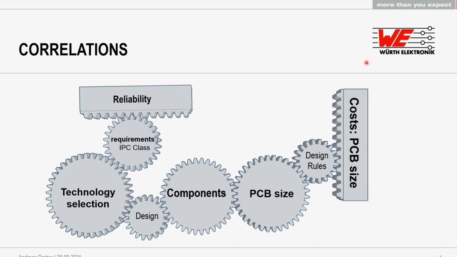Let's go into details, and very often a good starting point is the components, because often the components define the functions of the final assembly, and there are a lot of different variables depending on them. Let's go in the first session into the effects on the cost side of the PCB.